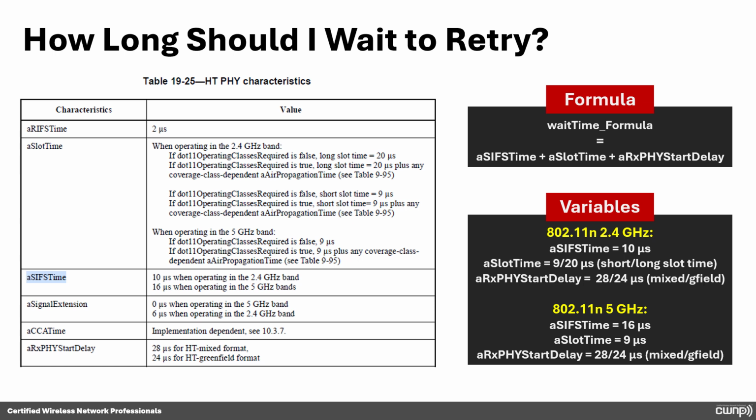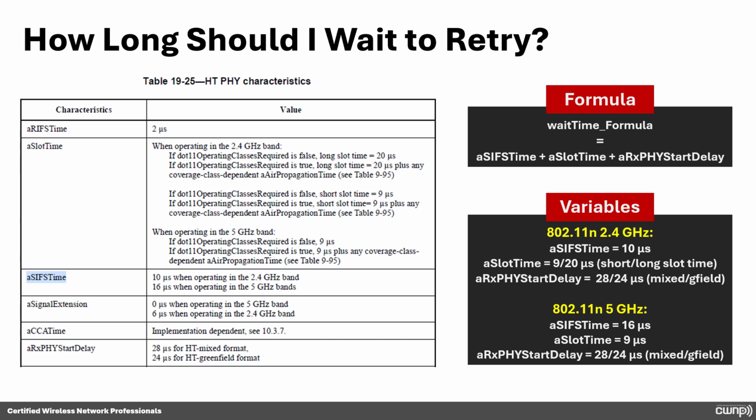So just based on what's going on the channel, it can be inferred by devices, and they can set this dot11OperatingClassesRequired parameter accordingly. So there are various ways within the standard that can be set. And then once those are set, it's going to determine whether you're using the long slot time or the short slot time. Now, the aSIFSTime is simply 10 microseconds in 2.4 and 16 in 5 gigahertz.